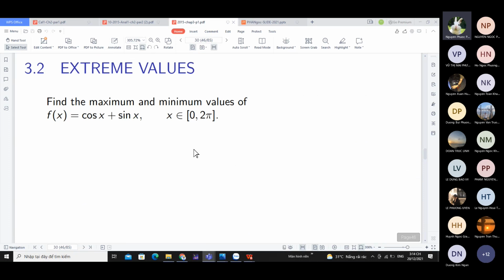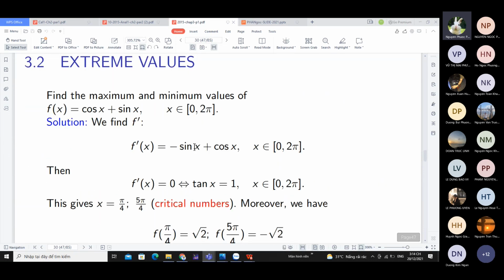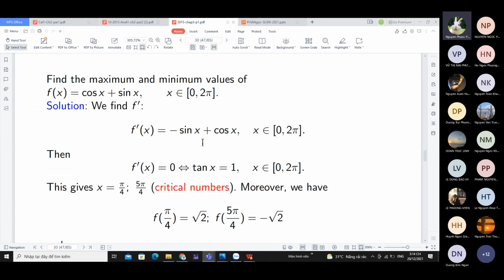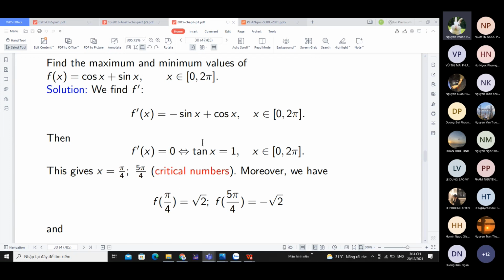All right, one more example. Now, we find the maximum value and minimum value of the function f given by cos of x plus sin of x on the closed interval [0, pi].